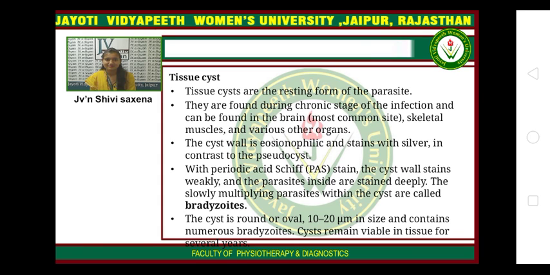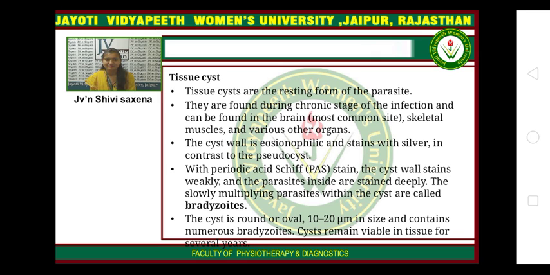The cyst wall is argyrophilic and stained with silver, in contrast to the pseudocyst. With periodic acid-Schiff, PAS stain, the cyst wall stains weakly and the parasites inside are stained deeply.